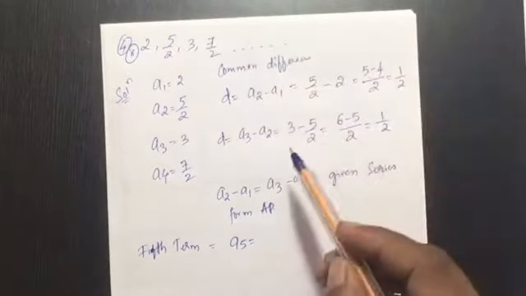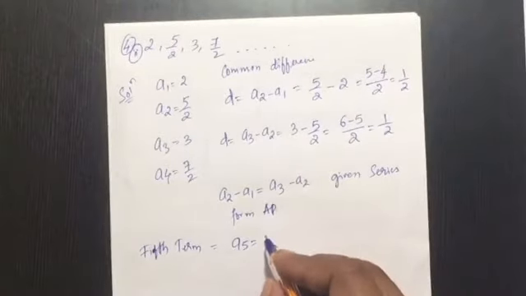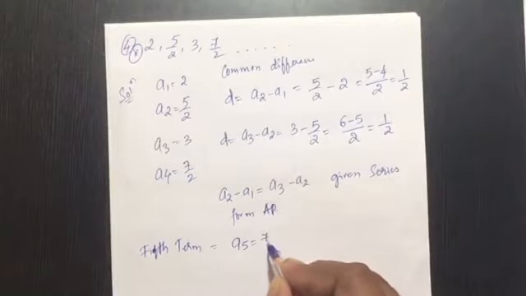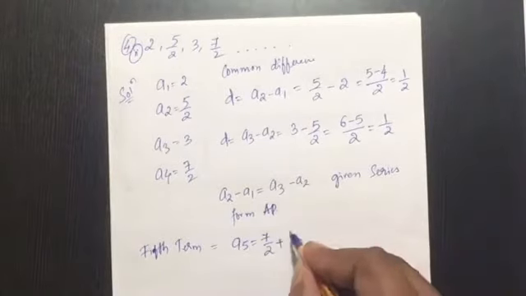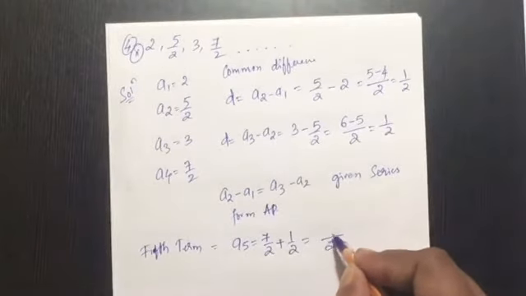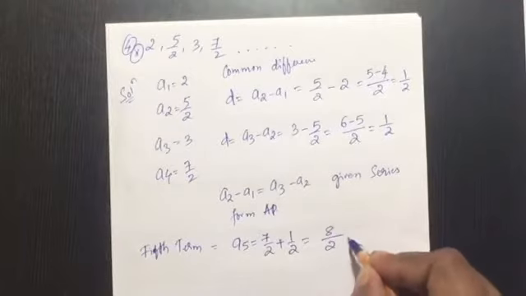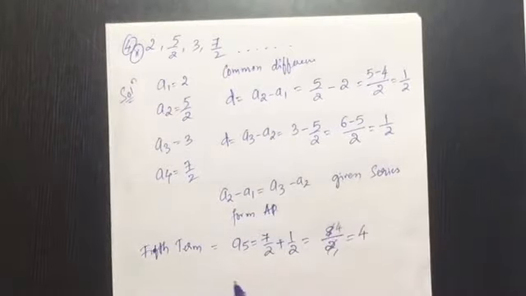How is the fifth term calculated? The fourth term, that is 7 by 2, plus the common difference, that is 1 by 2. So this is equal to 8 by 2. This is 4.